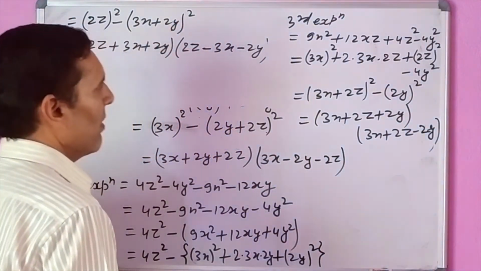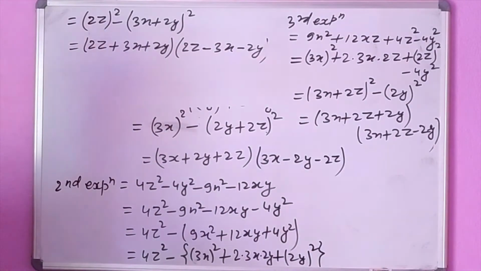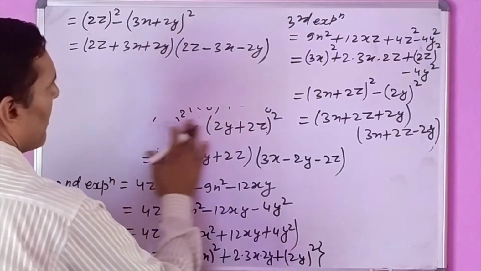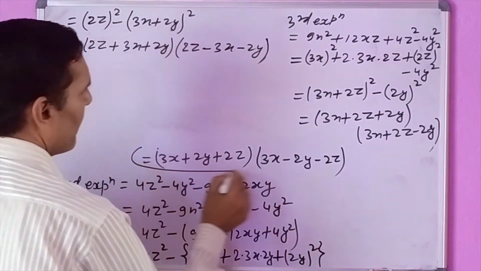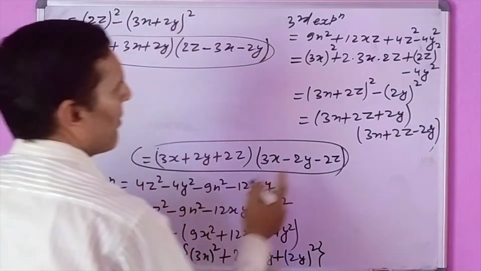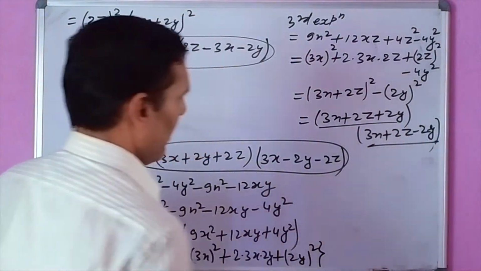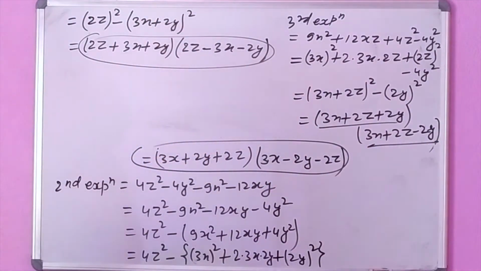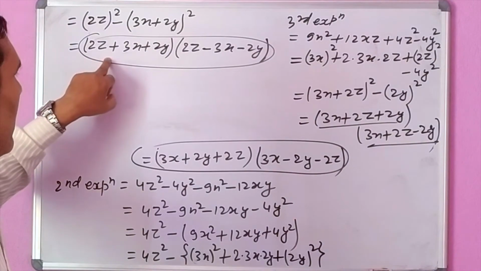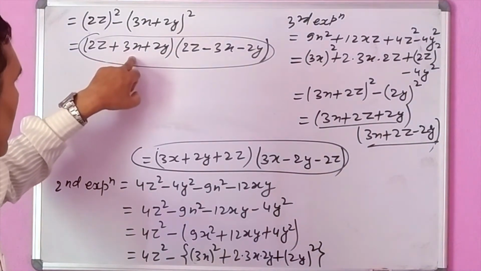So in this way we have completed the factorization of all three expressions. We have the factors of the first expression here, the factors of the second expression, and the factors of the third expression here. So what is the common factor? How many factors are common here? 3x plus 2y plus 2z.